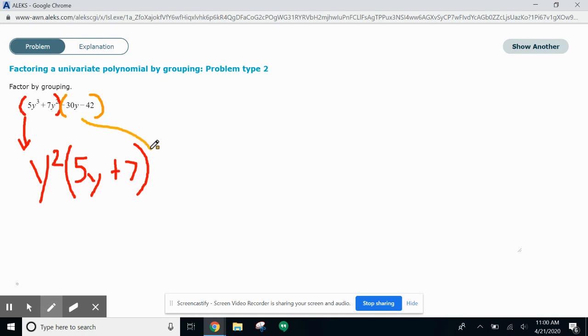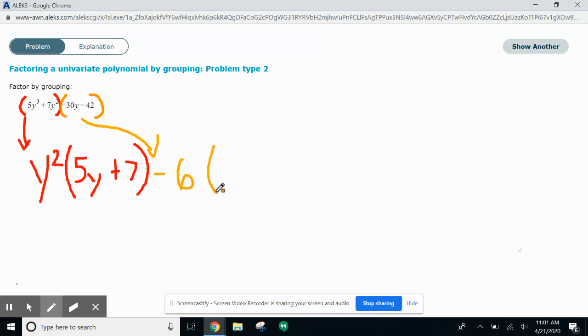I'm going to switch to orange. And what am I going to take out of the orange? Well, they're both negative, so I can take out a negative number if I want to. And I can take out negative, let's see, 30 and 42. Well, 6 goes into that, right? 6 times 5 is 30. 6 times 7 is 42. All right, so I'm going to take out a negative 6.